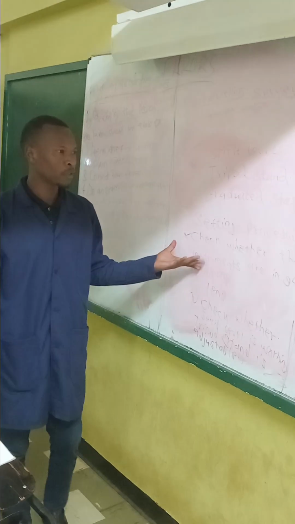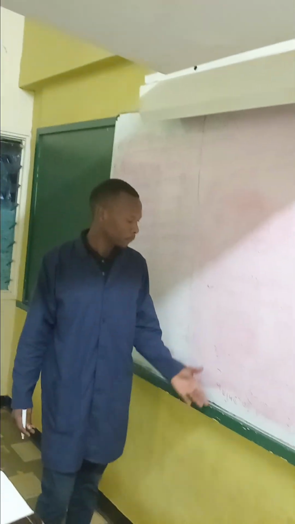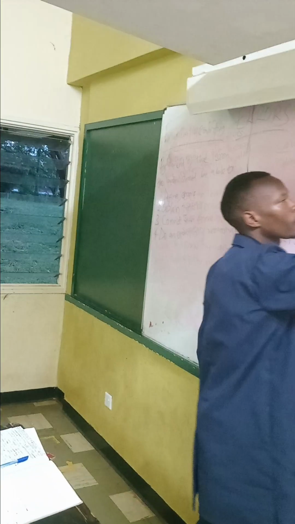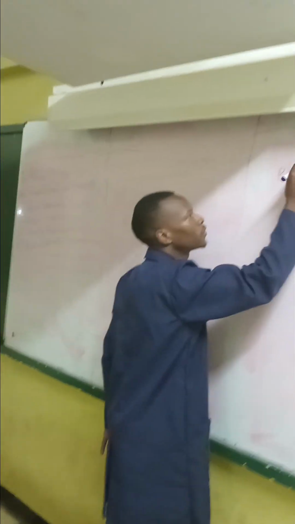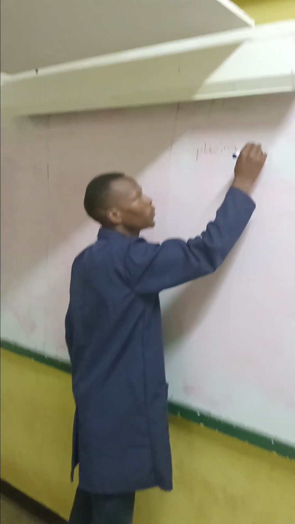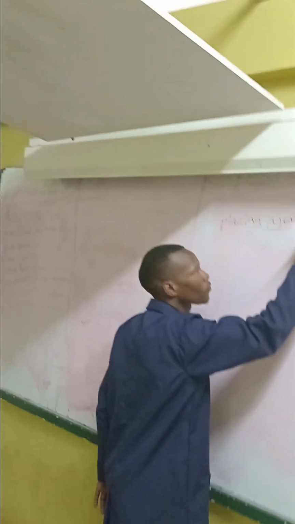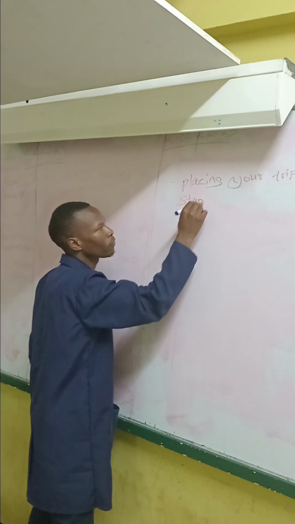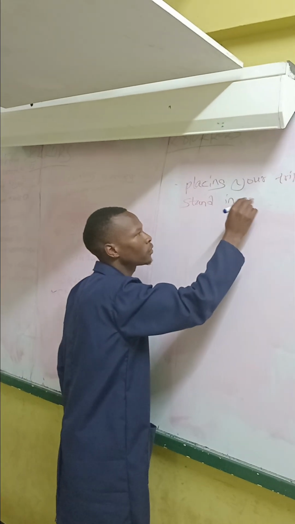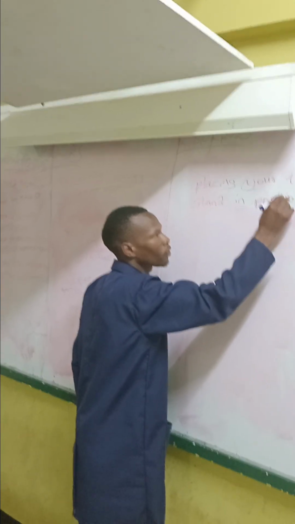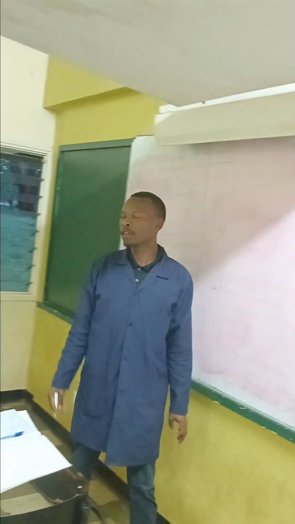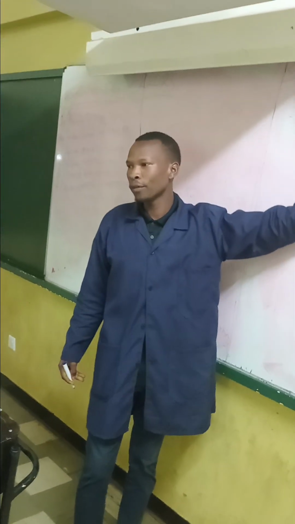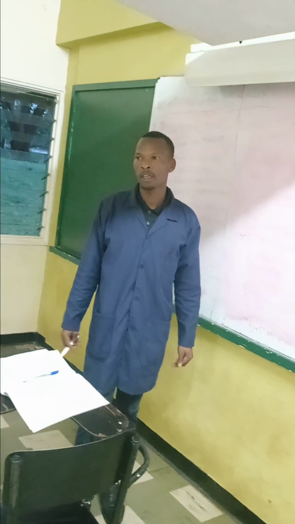The next step in setting is placing your tripod stand in a good position and adjusting it with the knobs so that it is at a level that lets you take the readings easily.